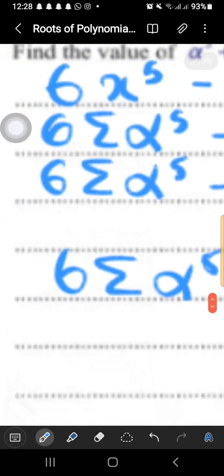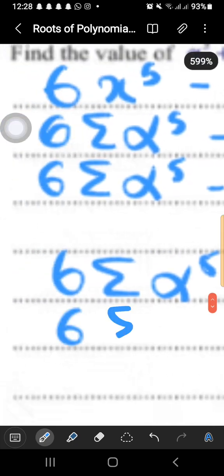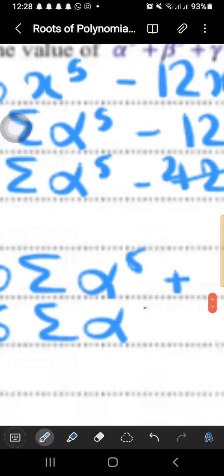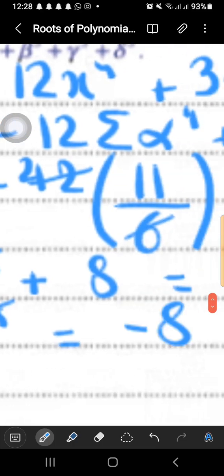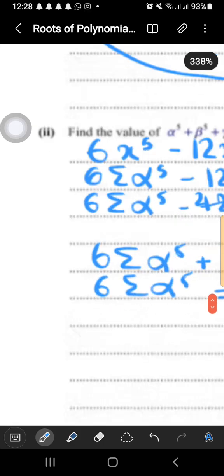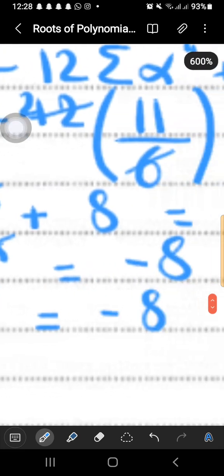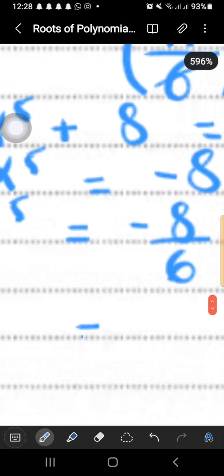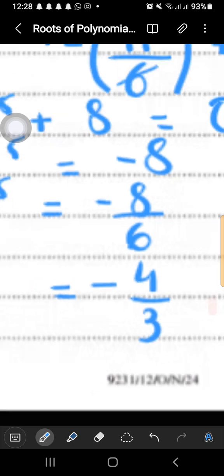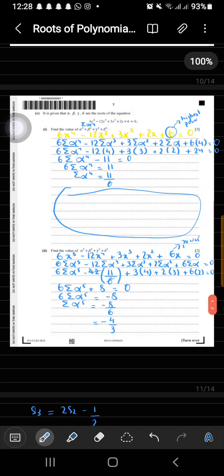Let's take positive 8 to the right side and it becomes negative 8. Summation of alpha power 5 is equal to negative 8 upon 6, so it becomes negative 4 upon 3. That's our answer.